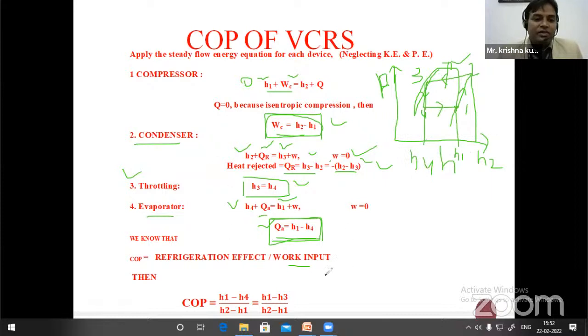In terms of enthalpy, COP equals H1 minus H4 divided by H2 minus H1. Here you can see the enthalpy at points 3 and 4 is equal, so in place of H4 you can have H3. So COP equals H1 minus H4 divided by H2 minus H1, equal to H1 minus H3 divided by H2 minus H1.